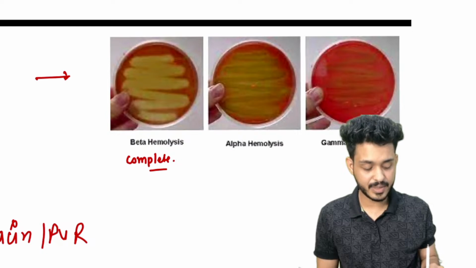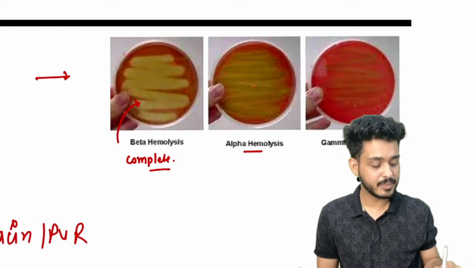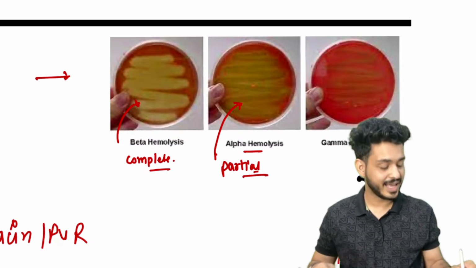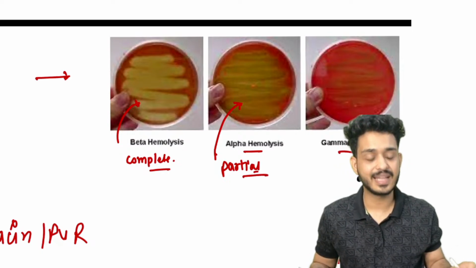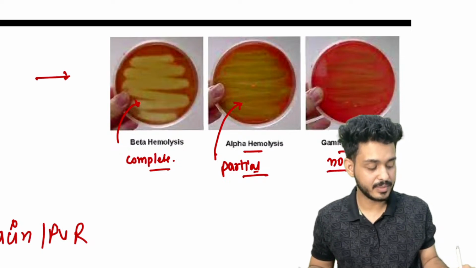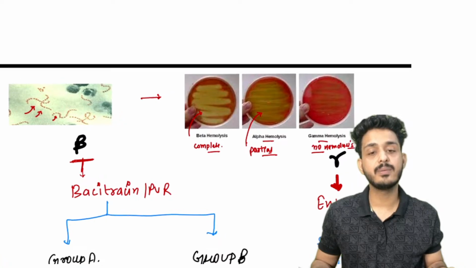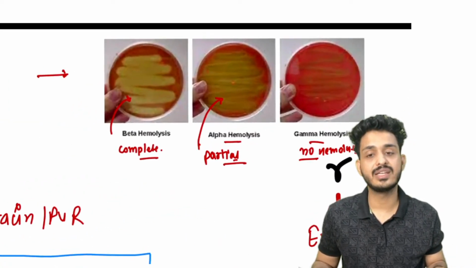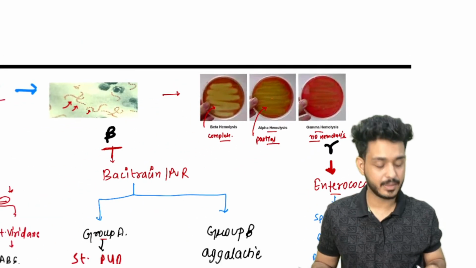Alpha hemolysis is partial hemolysis. And this one is your gamma hemolysis, where there will be no hemolysis. Those bacteria are categorized in the gamma, which are not doing hemolysis. So we are having this type of classification.